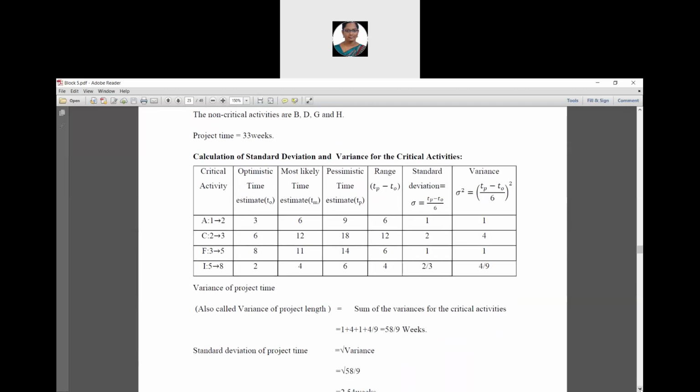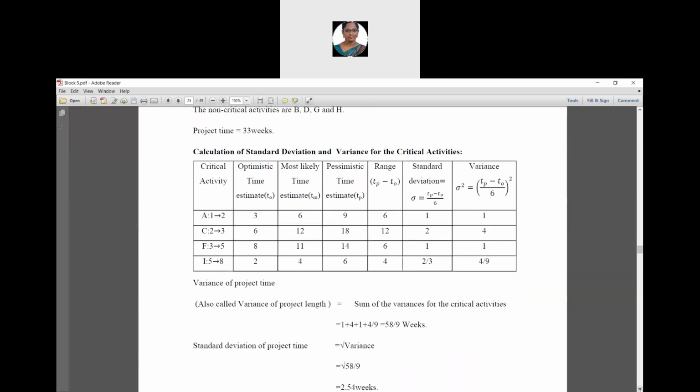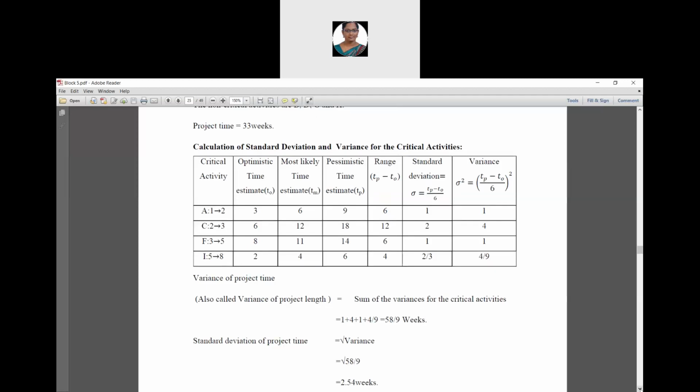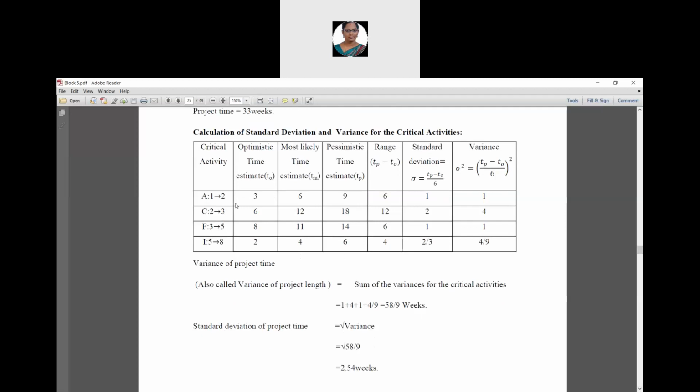And now we are going to calculate the standard deviation and variance for the critical activities. So the critical activities are A, C, F, and I. For activity 1 to 2, the optimistic time estimate value is 3, the most likely time estimate value is 6, and the pessimistic time estimate value is 9.